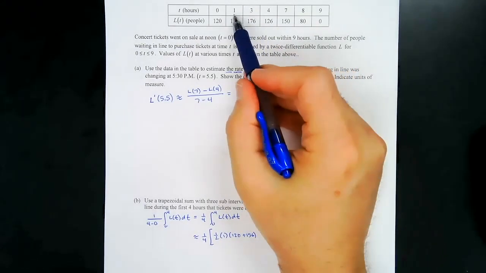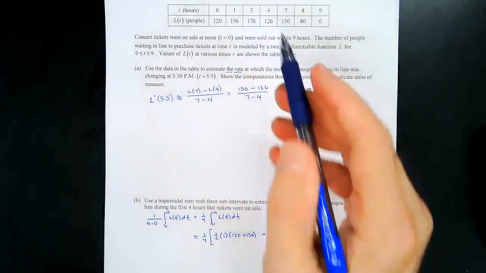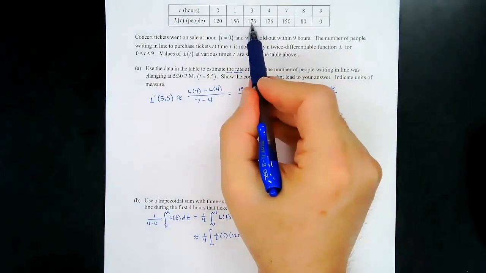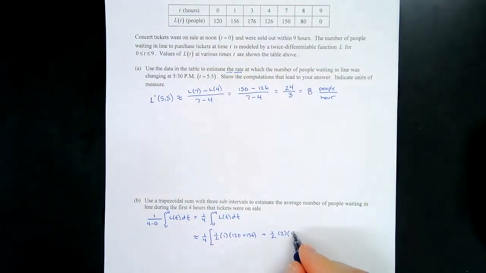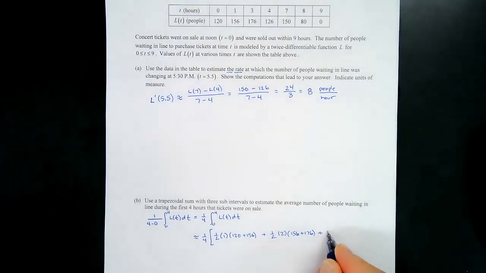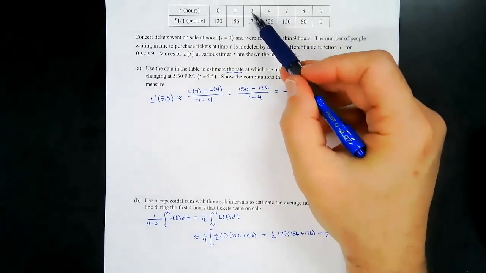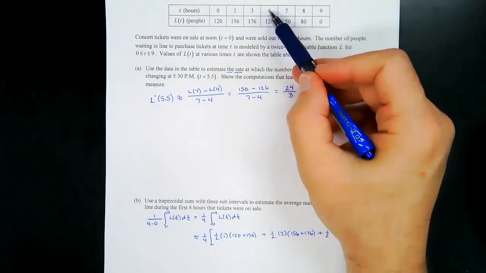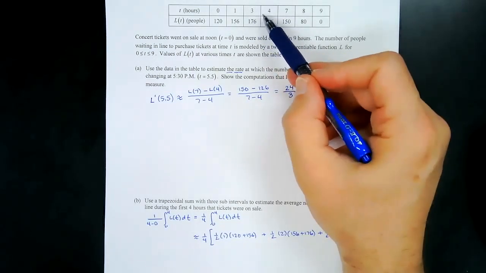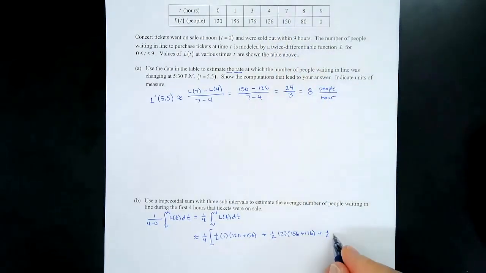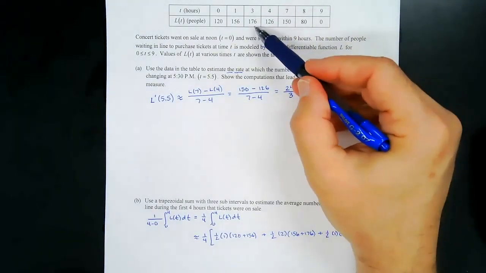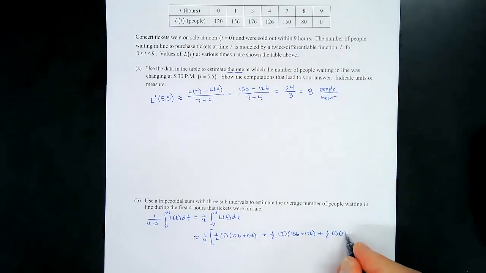Now we're going to go from 1 to 3. That's a difference of 2. So 1/2 times 2 times 156 plus 176. Plus 1/2. And then we're going to go from 3 to 4, and that's where we're going to end it. That would make the height of my trapezoid, which is really my delta x, 1 times 176 plus 126.